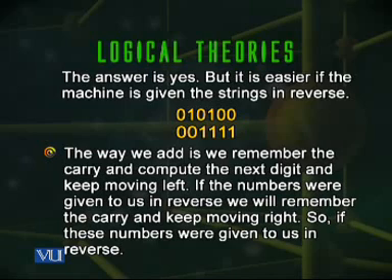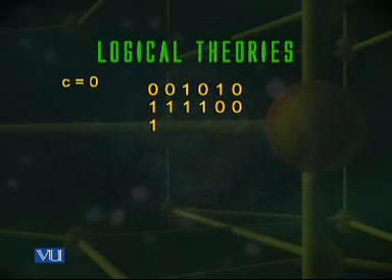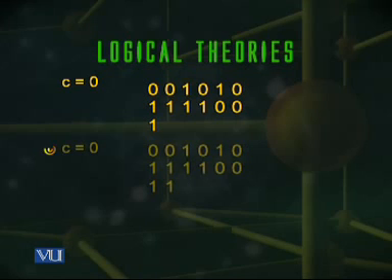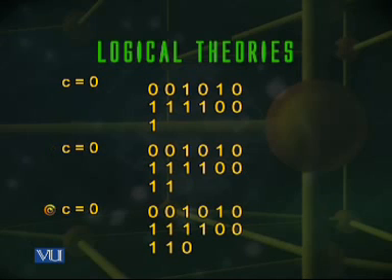So if these numbers were given to us in reverse, this is how I would add them. First, I will set the carry to be 0 and work on the first bit. The first bit of X is 0 and the first bit of Y is 1, so they add to 1 and the carry is still 0. The second bit of X is 0 and the second bit of Y is 1, so they add to 1 and once again there is no carry. When I work on the third bit, both of them have 1s, so the answer is 0, but now the carry is set equal to 1.